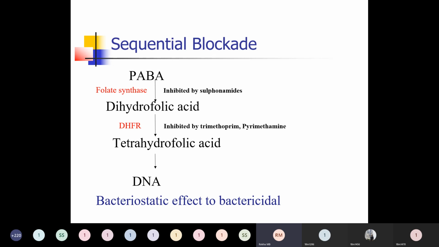So when you combine sulfamethoxazole with trimethoprim, sulfamethoxazole will inhibit the first step, that is folate synthase enzyme. Trimethoprim will inhibit the second step, that is DHFR enzyme, resulting in sequential blockade. When you combine sulfadoxine with pyrimethamine, sulfadoxine will inhibit the first step, that is folate synthase enzyme. Pyrimethamine will inhibit the second step, that is DHFR enzyme, resulting in sequential blockade. And this is called synergism.